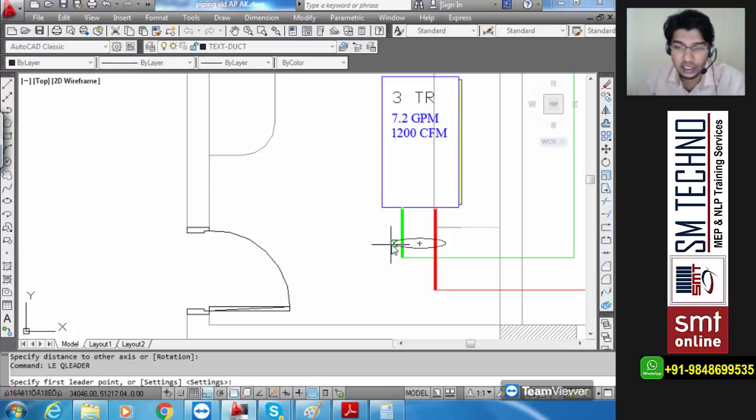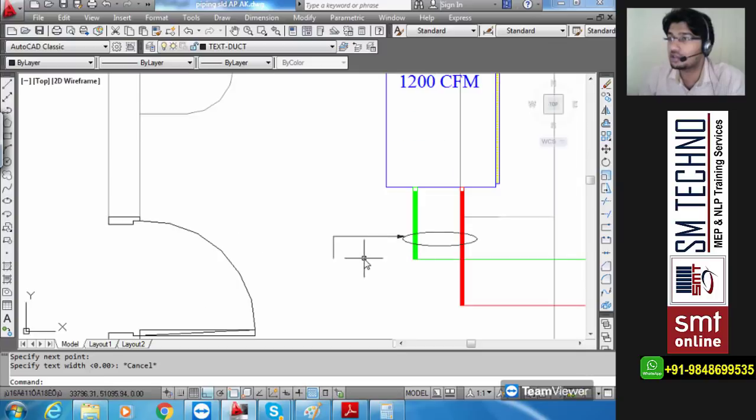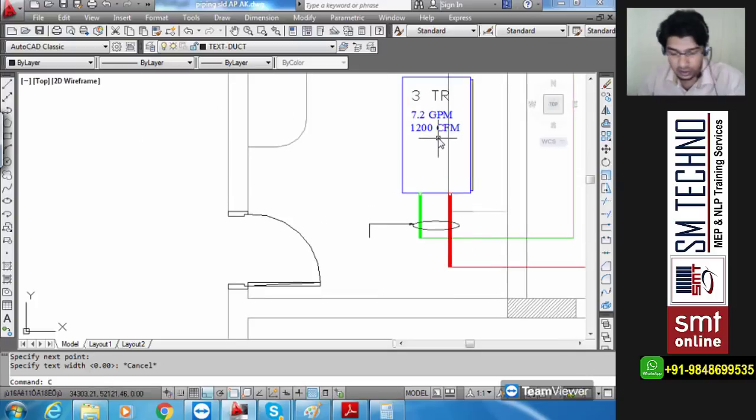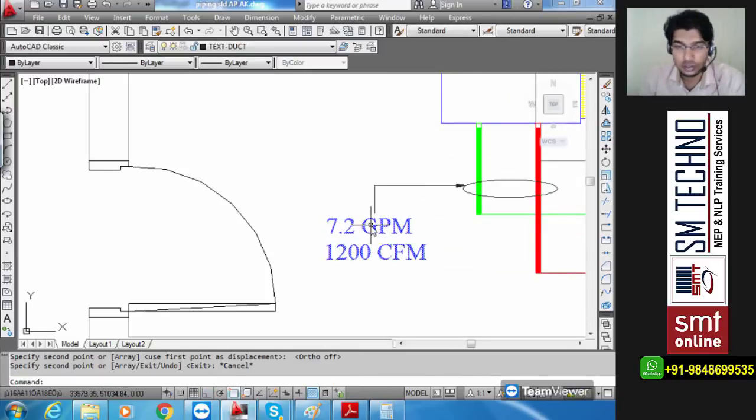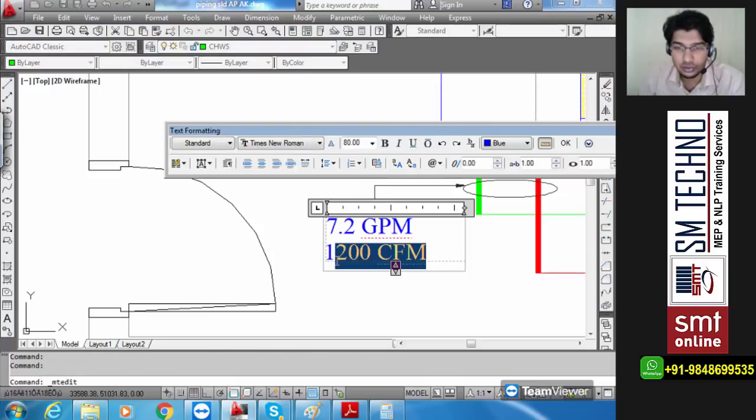Okay, using my LE enter, that is a leader line, indicating the marking of the actual size. I'm going to copy the text once again, place it here. Yes, so for 7.2 GPM, that is having the diameter of 25 mm.